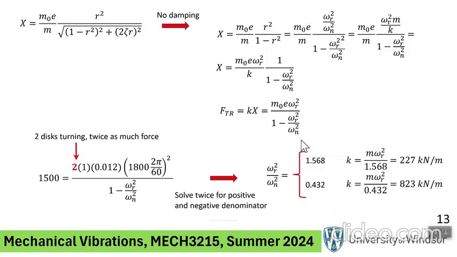Now I do have to make a comment here, and that is, you see that denominator, there are two possibilities. One is this denominator is positive, and that means that omega r is less than omega n. And the other one is that denominator is negative. That means omega r is bigger than omega n.